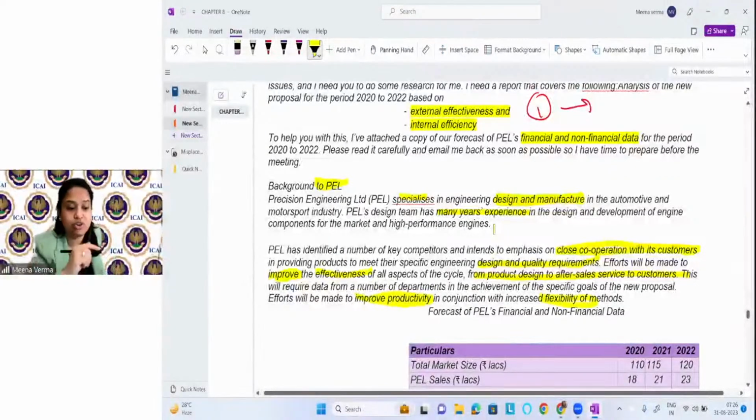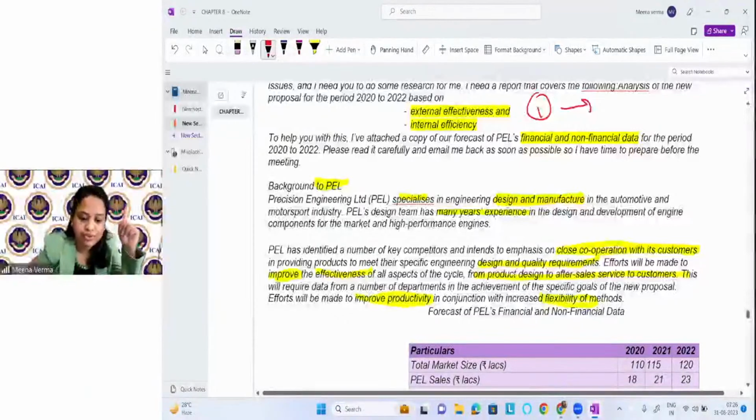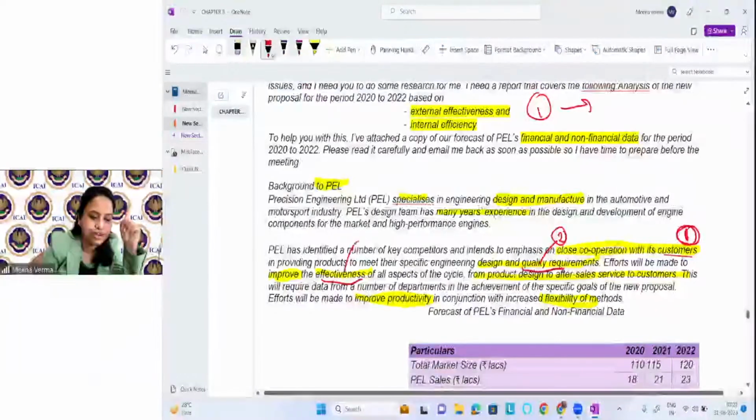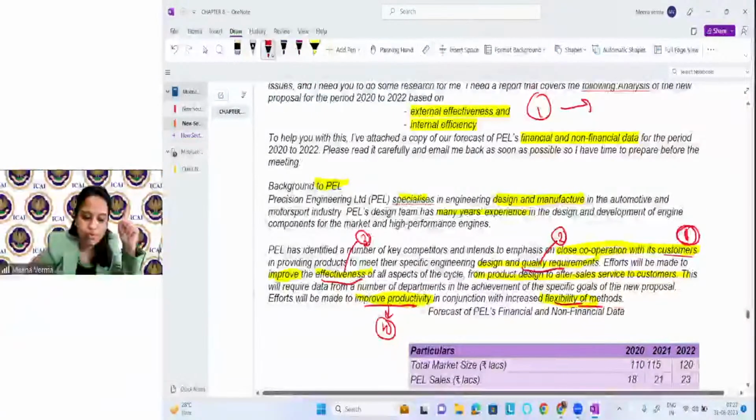See, every point of the performance pyramid they have considered here. If you remember, first, the external customer. They want to focus on the external customer. It is given here. They want to improve the quality. This is also one of the points. Now they want to improve the external effectiveness. This is also given here. They want to improve the productivity, and the flexibility.